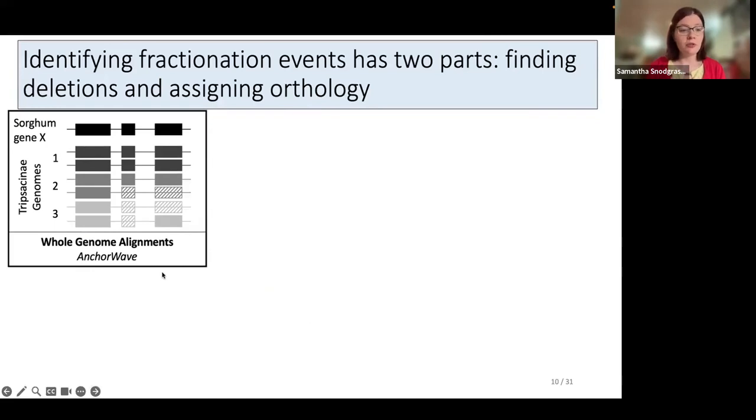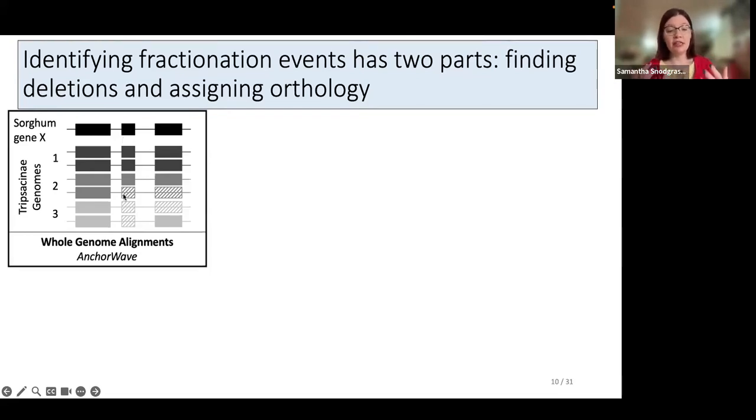So here in this cartoon, we have a sorghum gene X, with 3 exons represented by these 3 rectangles. And then we have cartoon representations of 3 Tripsacinae genomes. Remember, we're expecting a 2-to-1 relationship. So there are 2 homologs aligning to each one sorghum gene.